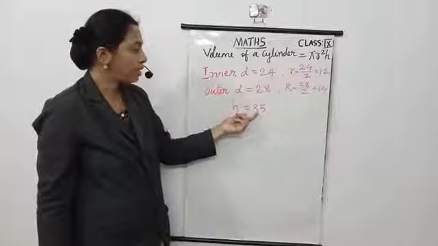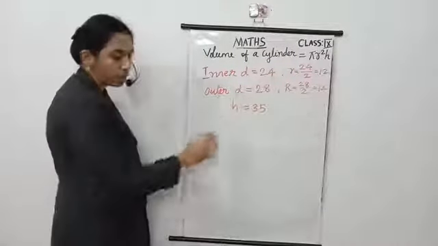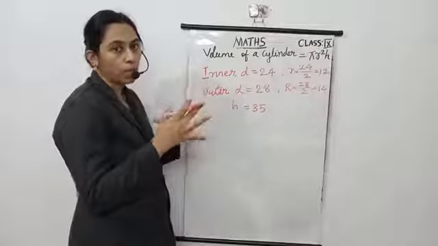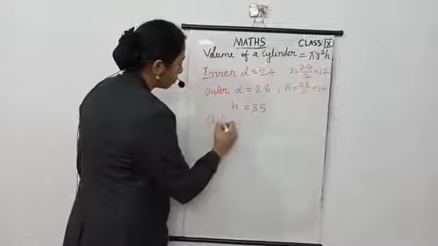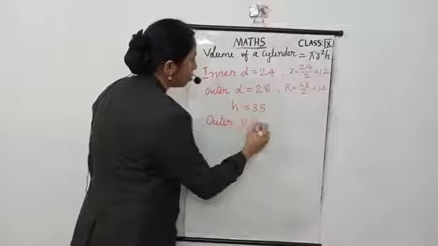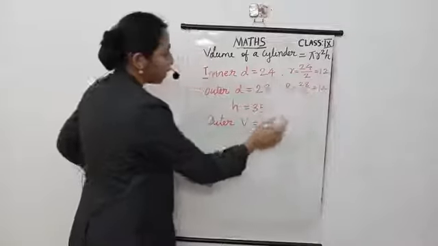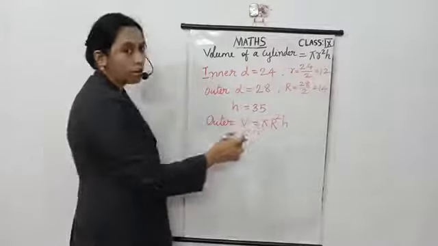Now the height is given, 35. Now we are going to first find the outer volume, that is, including the outer space, that volume. So the outer volume is equal to pi capital R square h. We take the outer radius capital R, that's why pi R square h.